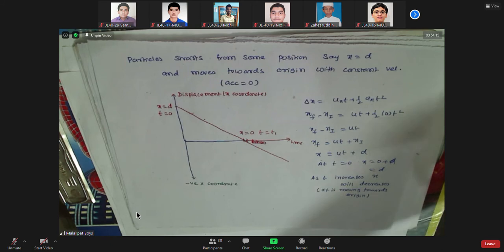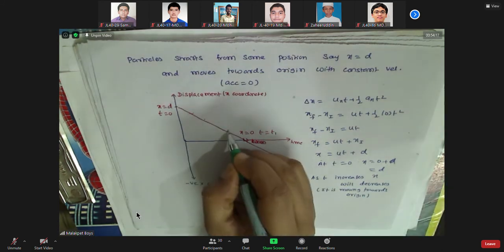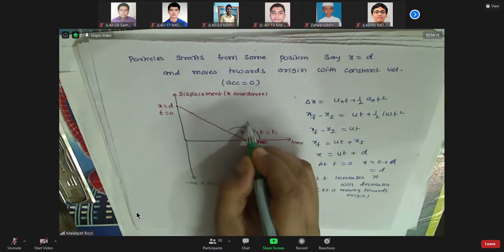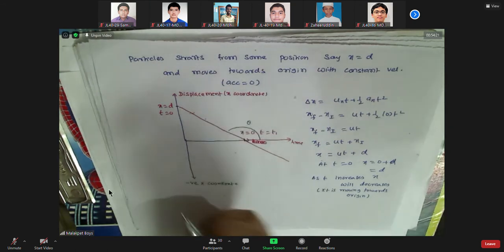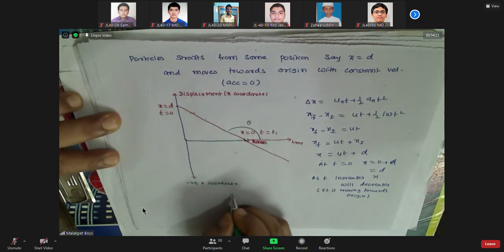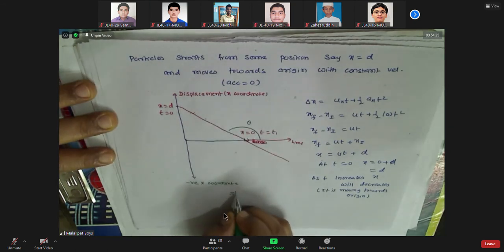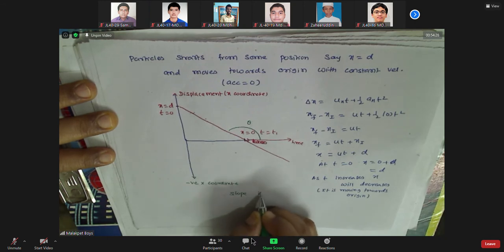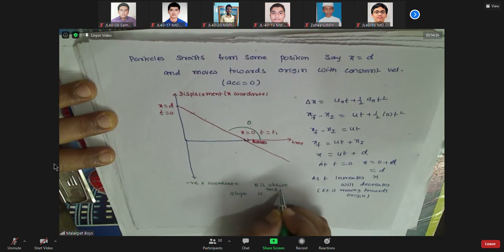Now you can see the slope is what? Slope is negative. Theta is obtuse. Therefore, tan theta is negative.